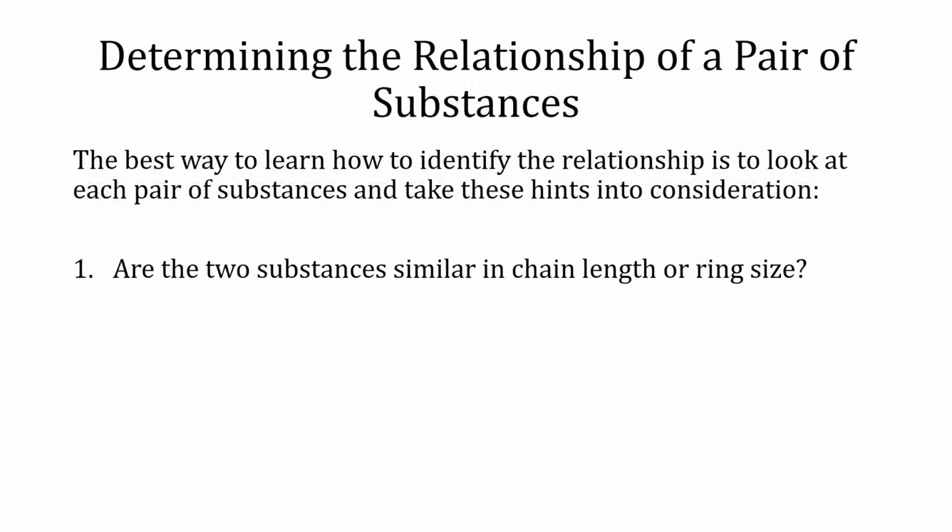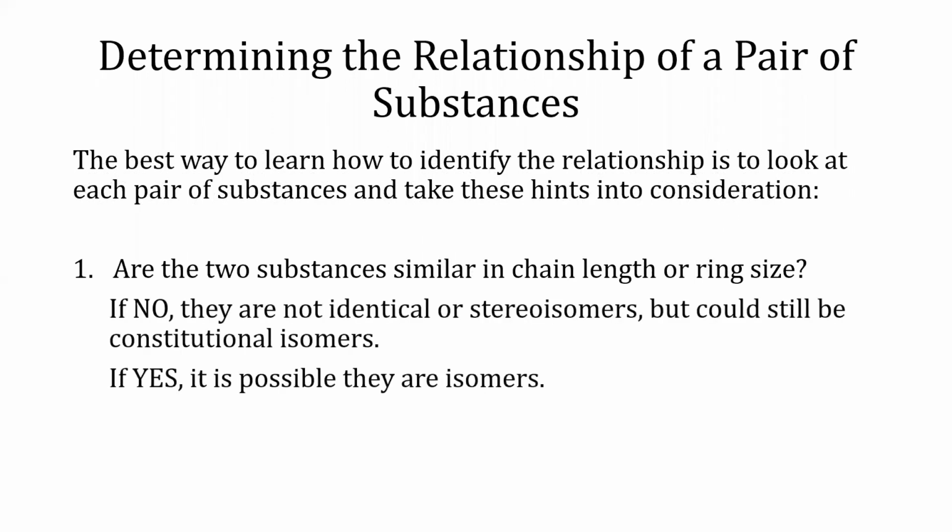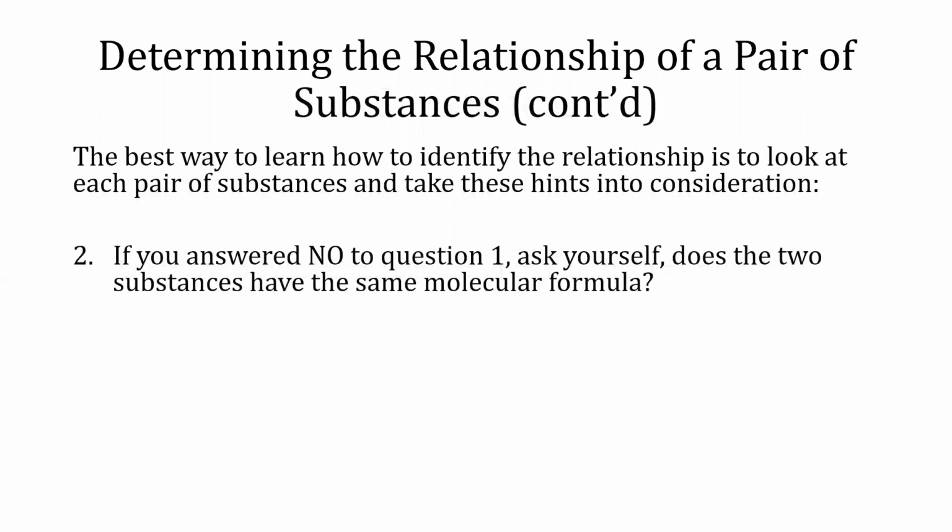The best way to learn how to identify the relationship is to look at each pair of substances and take these hints into consideration. 1. Are the two substances similar in chain length or ring size? If no, they are not identical or stereoisomers, but could still be constitutional isomers. If yes, it is possible they are isomers. 2.